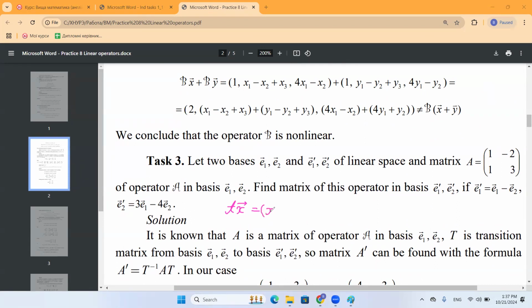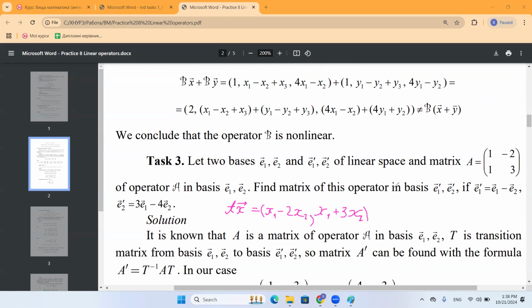So it equals x1 minus 2x2 and x1 plus 3x2. So that's how it looks.